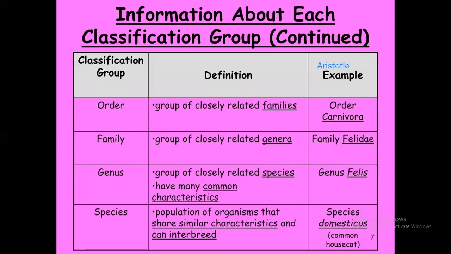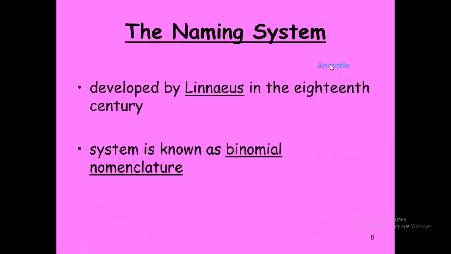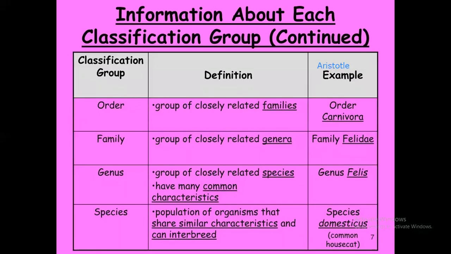And the example could be Carnivora. Again, you can tell me about an example of an organism that is placed in the order Carnivora. Moving ahead is family, which is a group of closely related genera. And as an example, we can talk about family Felidae.